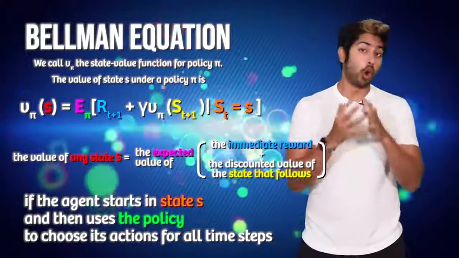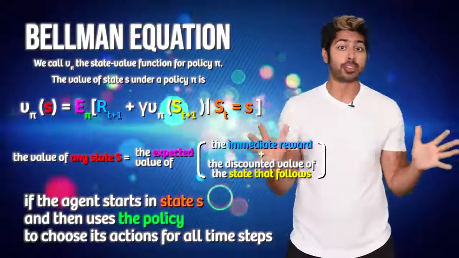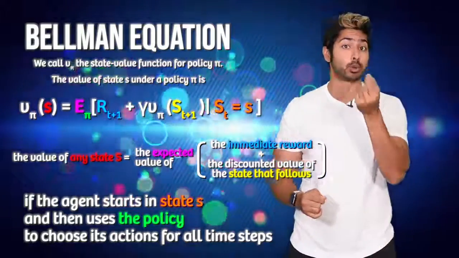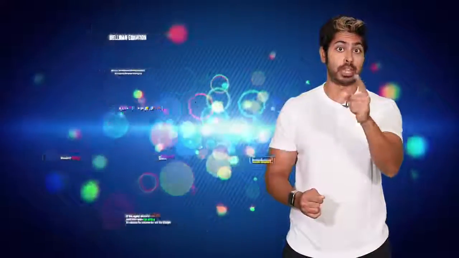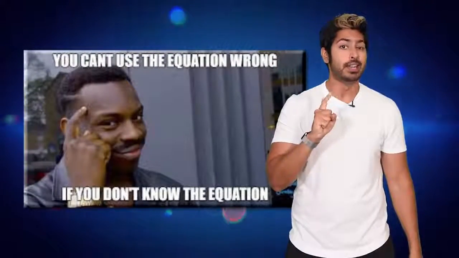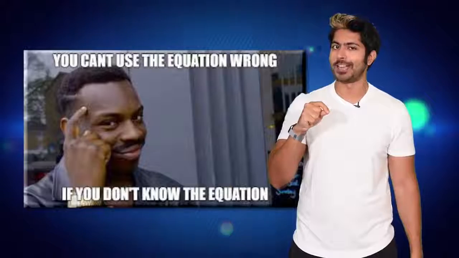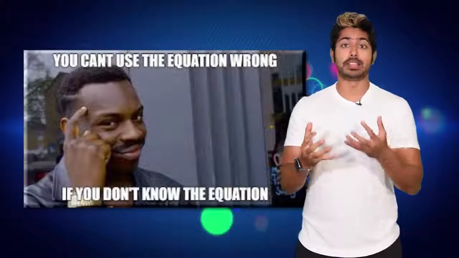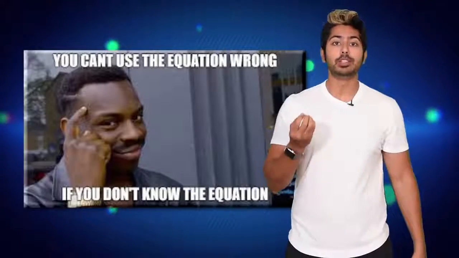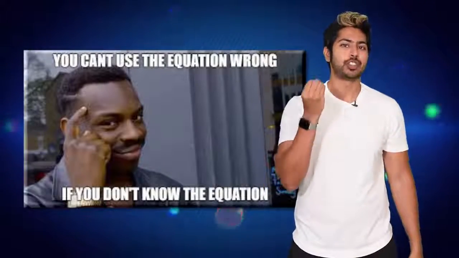This equation is also used in fields as diverse as control theory and economics, but it's absolutely crucial in reinforcement learning. In fact, there are 4 different kinds of Bellman equations, but we'll just focus on this one right now. It's used to calculate the value of a given state by considering its options, and we can use it to estimate the best action to take to find the optimal policy.